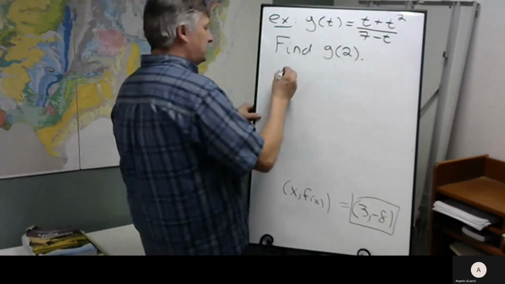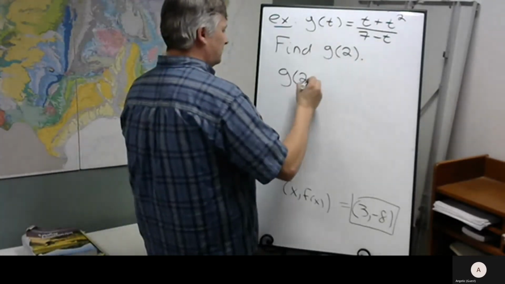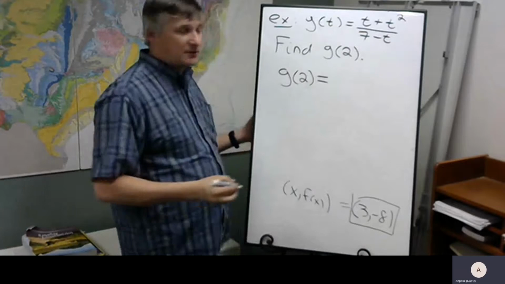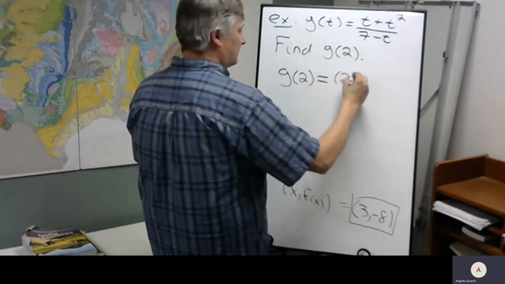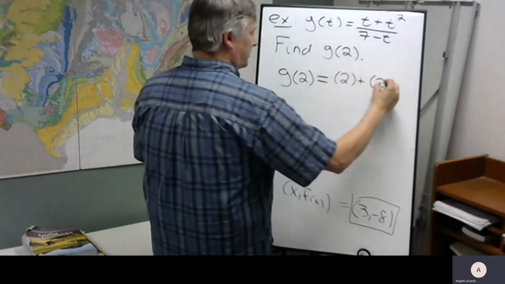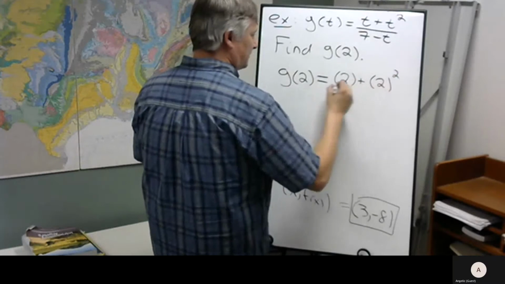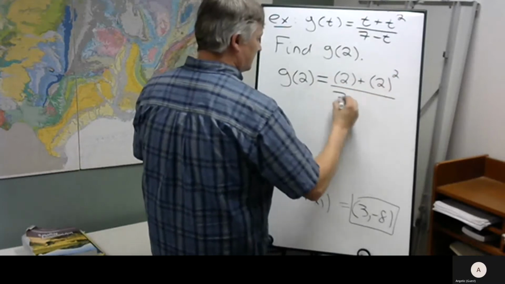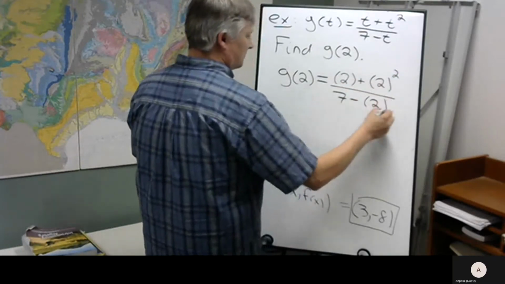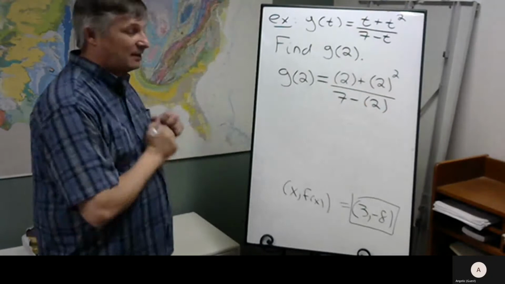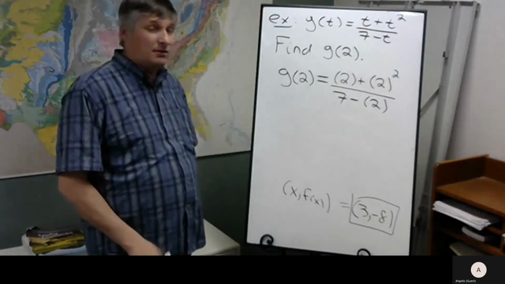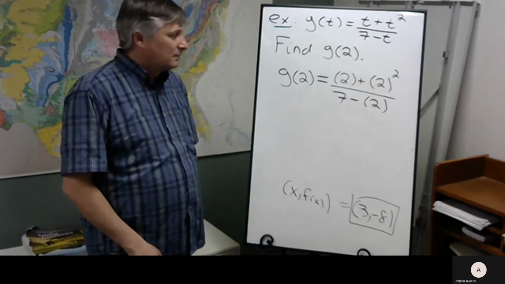So that means g of 2, everywhere where there's a t, we're going to put a 2. And that's it. We replace all the t's with 2's.